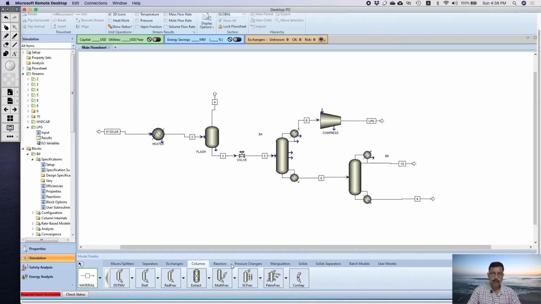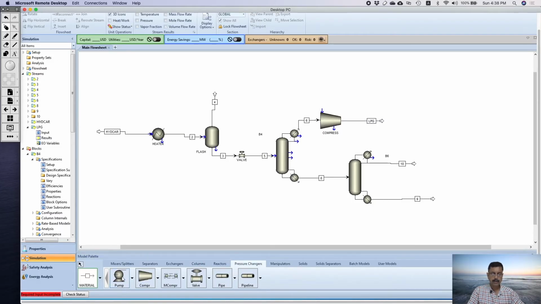So we go to the pressure changer, we bring in the pump model over here, and reconnect destination and connect with this. So pump is connected.